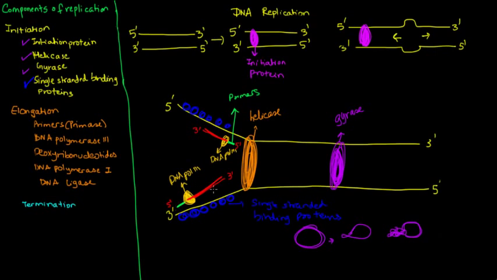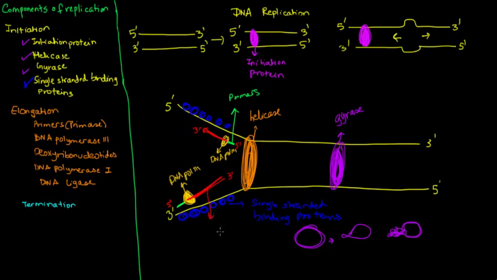Now there is a problem. This strand going from 5' to 3' in the direction of replication fork just follows helicase, everything is hunky-dory, strand goes perfectly. This strand that goes in the opposite direction of replication fork faces some trouble. This strand is synthesized in fragments called Okazaki fragments.